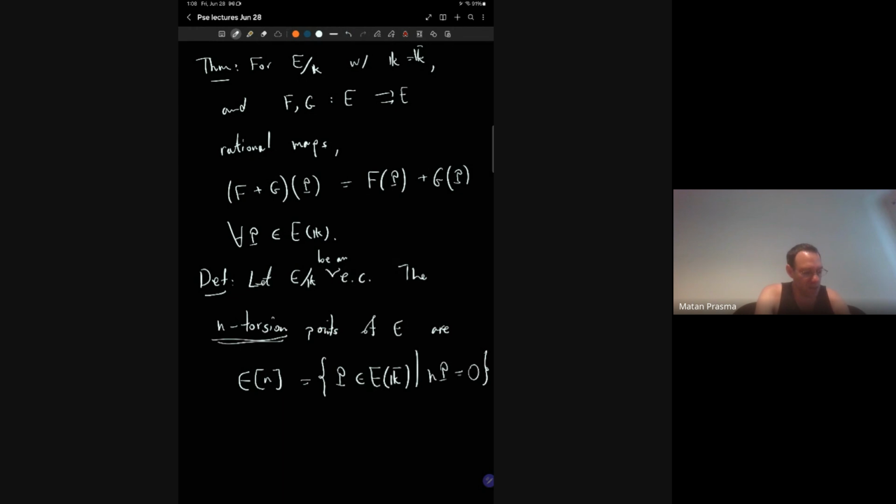And here, points of order n are necessarily n torsion points, but not necessarily conversely.